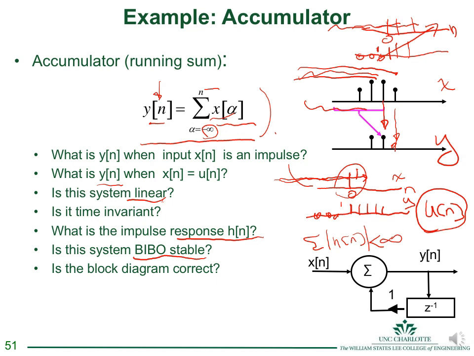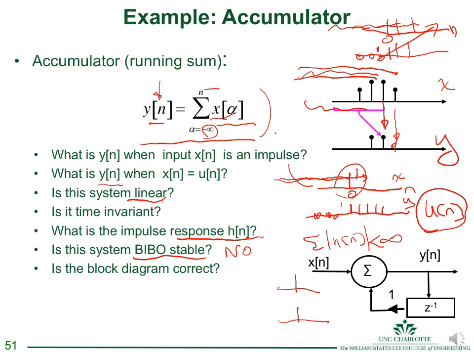Is the block diagram correct? Well, let's see if we put an impulse into the system, what comes out. So we put a 1 into the system. The register, of course, if it's linear time invariant, has 0 initially, and the first output of this system will be a 1. A 1 gets stored in a register, and the next input of x for the impulse, of course, is a 0.